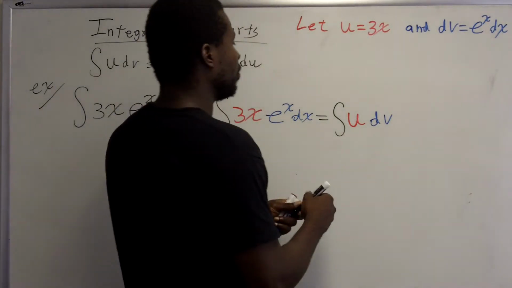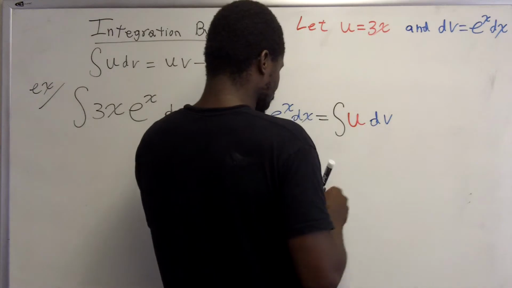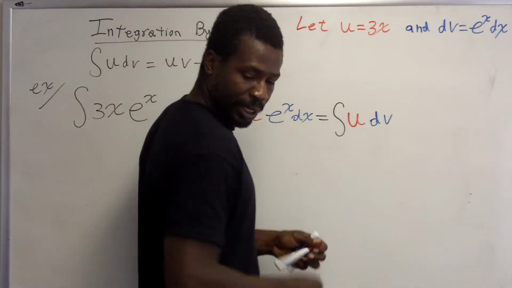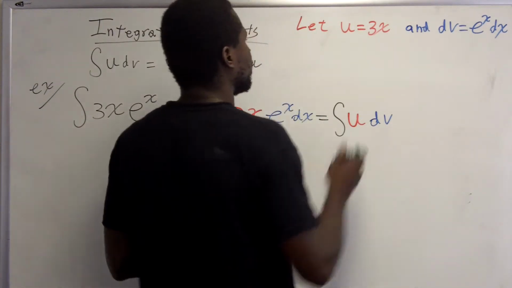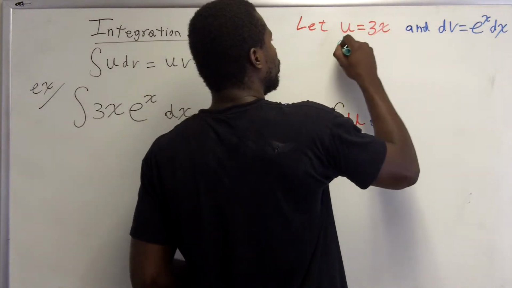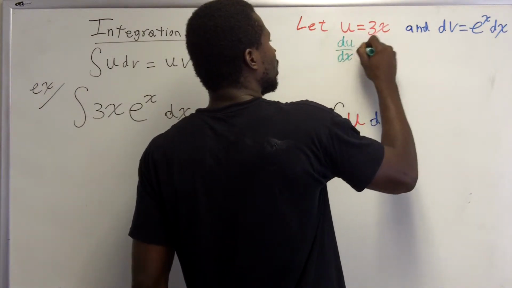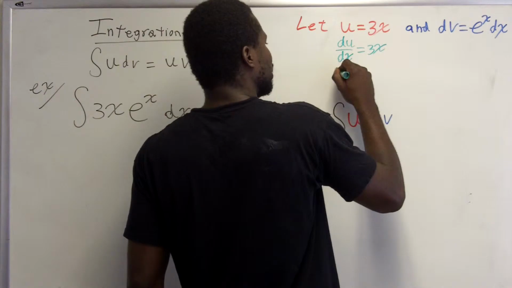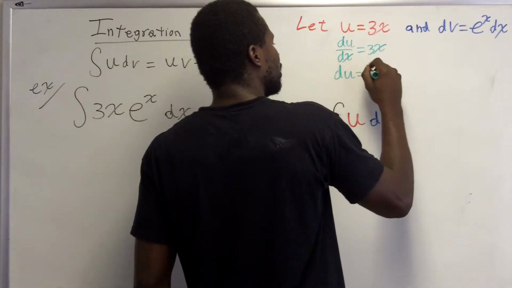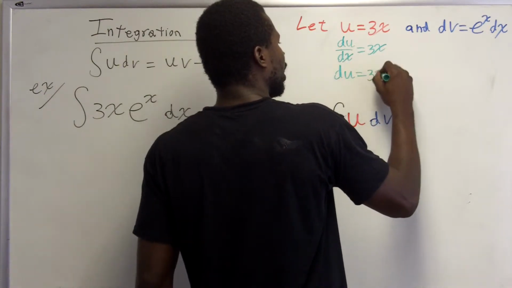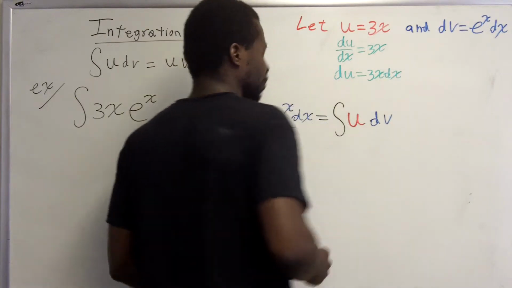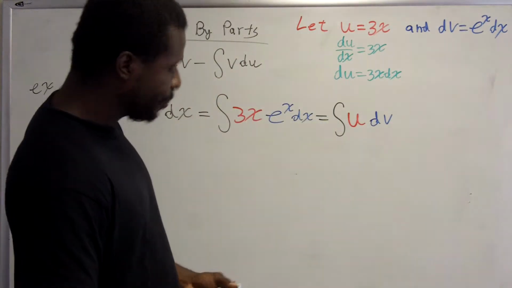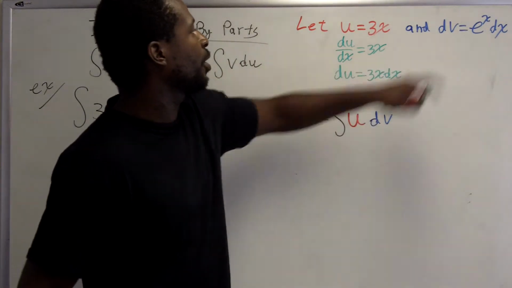First, I take the derivative of u with respect to x. So I'm going to take the derivative of u with respect to x. That's du dx is equal to 3x, in which case I see that du is equal to 3x dx. Also, I can do the same thing for v.